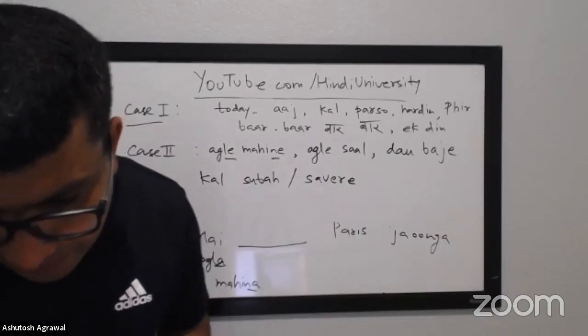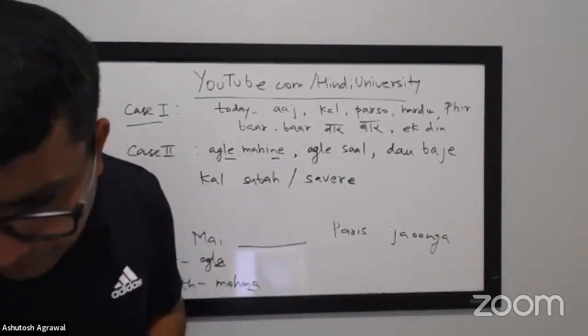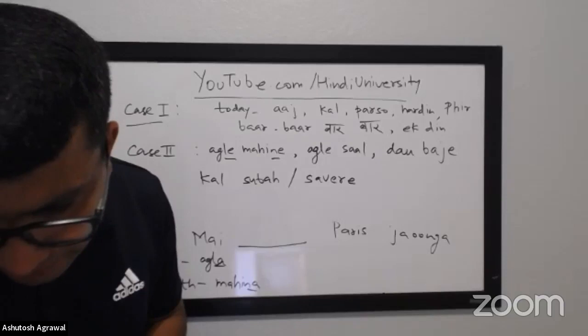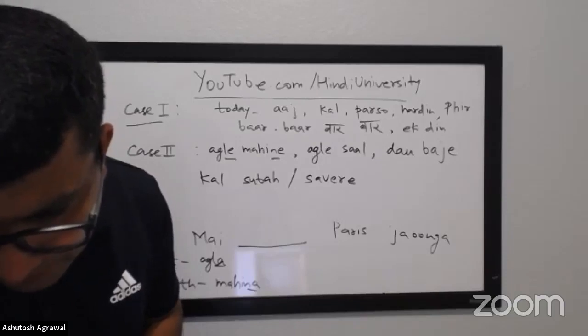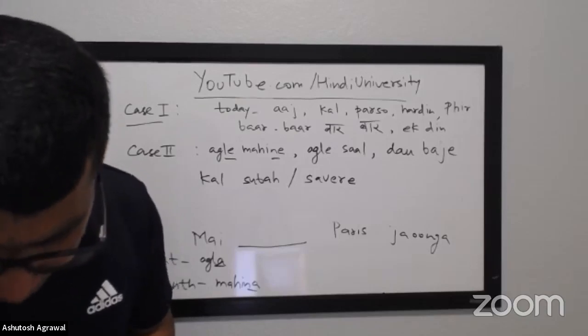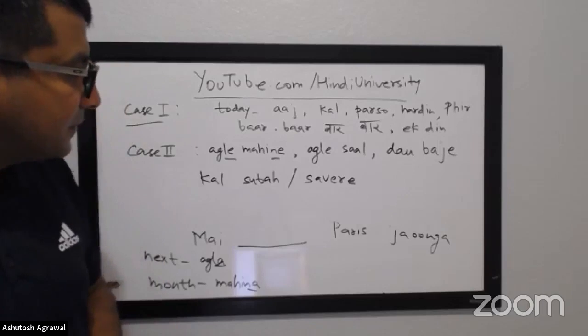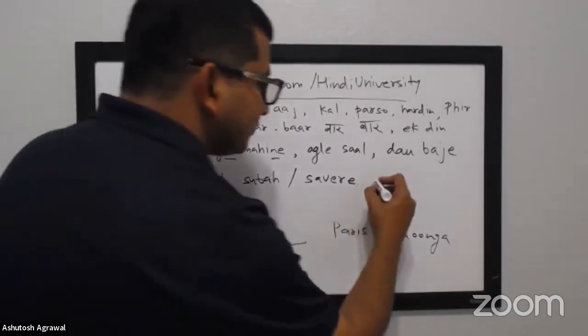Okay, awesome. So Daniel ji wrote the same thing. Delia wrote the right thing. All of you wrote the right thing, kal subah or kal savere. Awesome. Anyone else? Any questions so far? Would you ever use agle with subah? Yeah, you can say that, like agli subah.